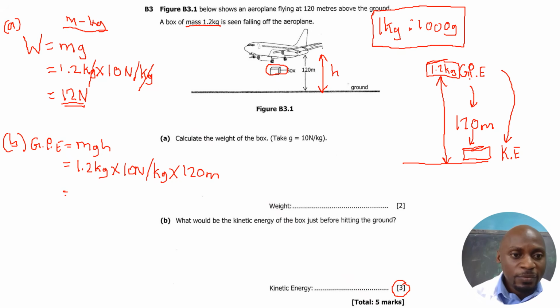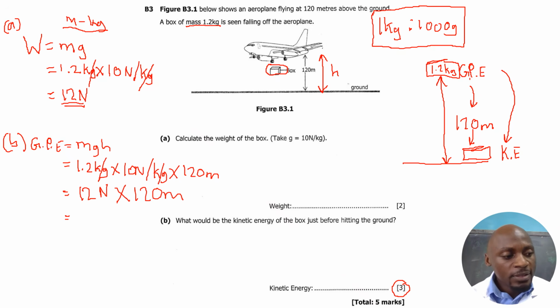So we're going to have 1.2 times 10, remember the kgs will cancel out, that gives us 12 newtons, multiplied now by the height, which is 120 meters. So that will give us 12 multiplied by 120.